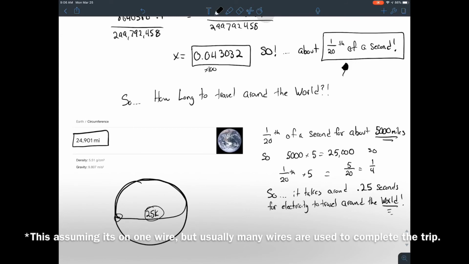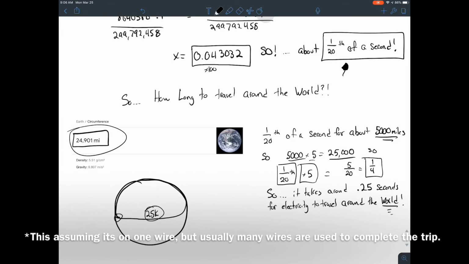Then we could simply look at the total circumference, which in this case is going to be 25,000, and we would be able to say, okay, well, if we multiply 5,000 by 5, we get 25,000. So if we similarly, proportionally multiply 1/20th of a second by 5, we'd get 1/4 of a second.